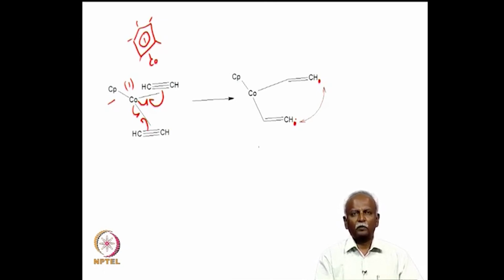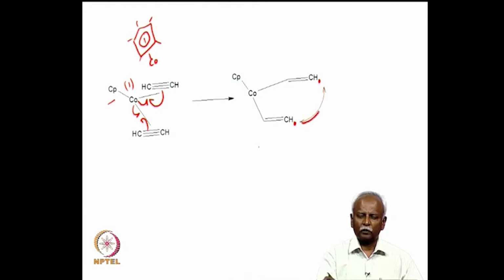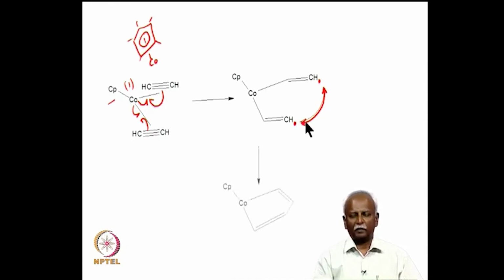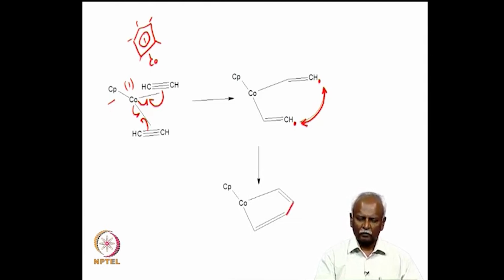A covalent bond has been formed between cobalt and carbon, and a diradical species is formed. If we now form a bond between these two CH units, as indicated by this arrow, then what you end up with is the formation of a metallocyclopentadiene. The new bond that is formed is marked in red here.